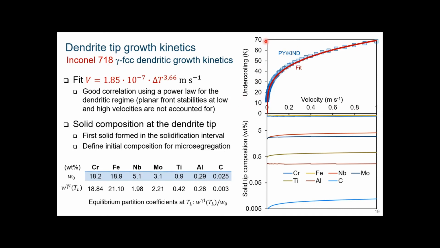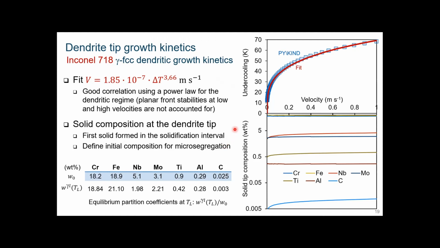Undercooling means 70 degrees below the liquidus temperature, which I mentioned before, 1340 degrees Celsius for this alloy. You see that a power law fit of this blue behavior works well, and this explains why we often use this A delta T^n relationship. This is for Inconel 718.